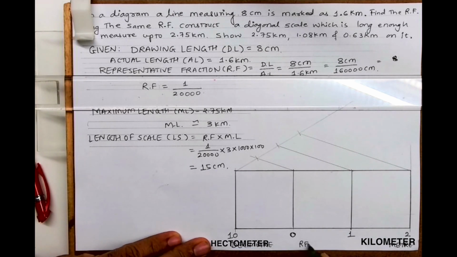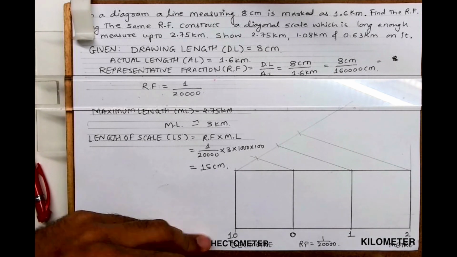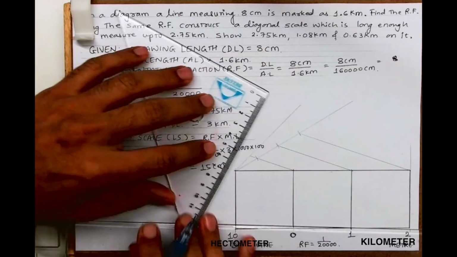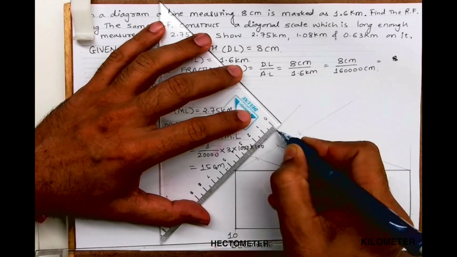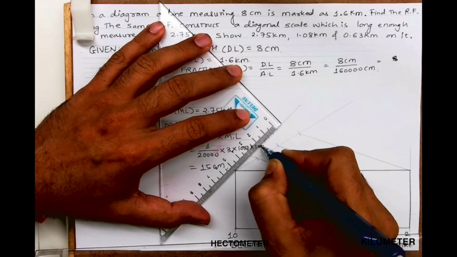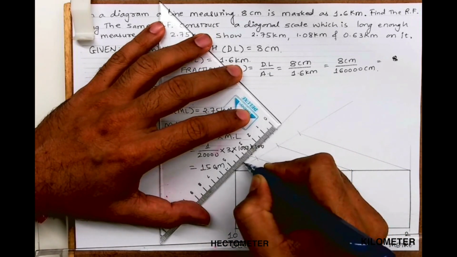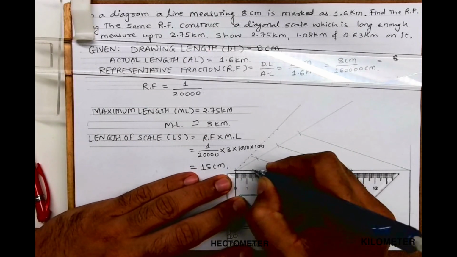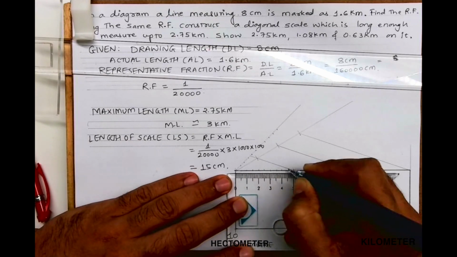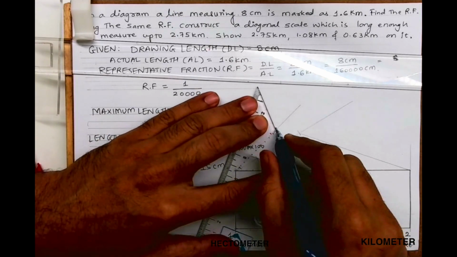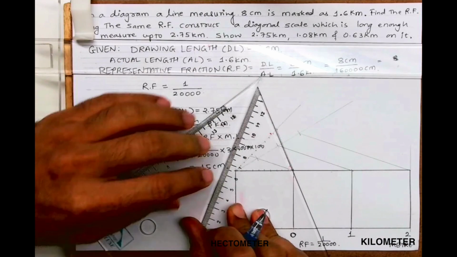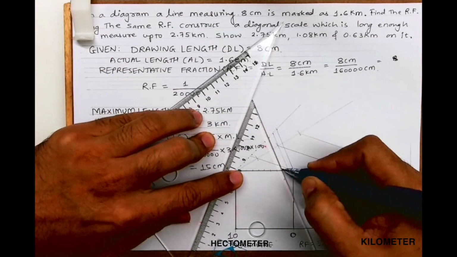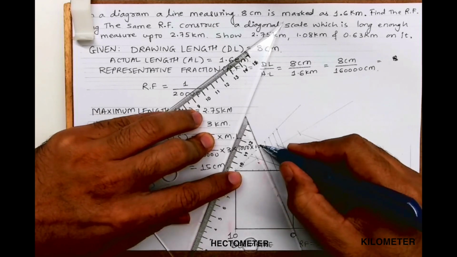So I have to write kilometer, hectometer, and I'll divide this first block into 10 parts. I am dividing first 1 kilometer into 10 parts. That is hectometer.